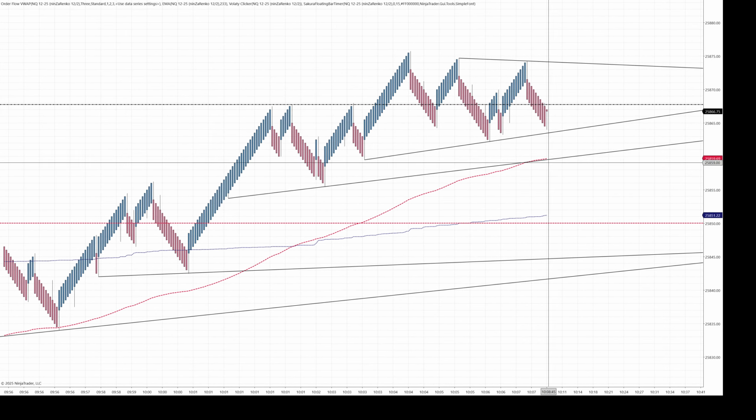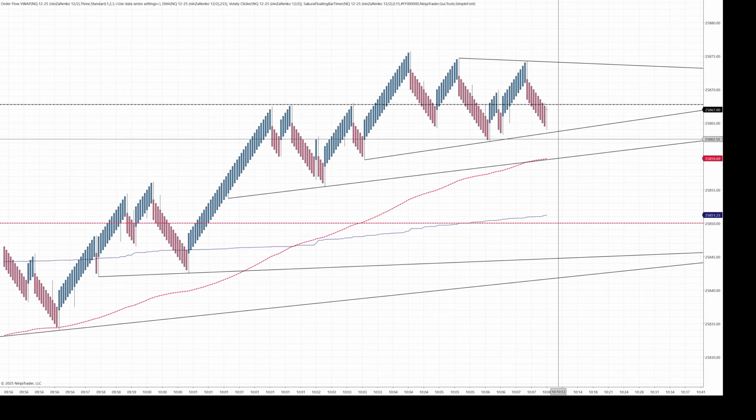Question now becomes, if we come down to this T line and we get a reversal to go back up, do we have enough room to get our 8 points?